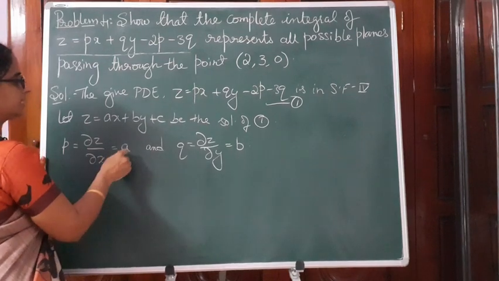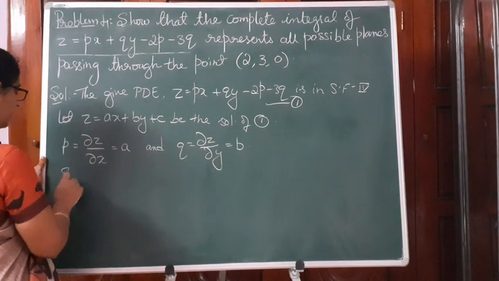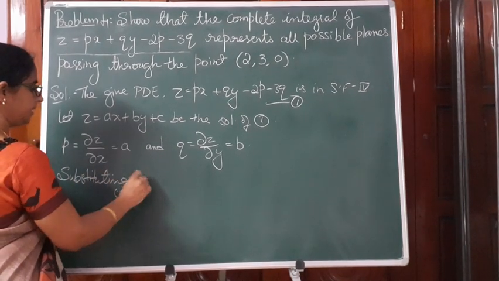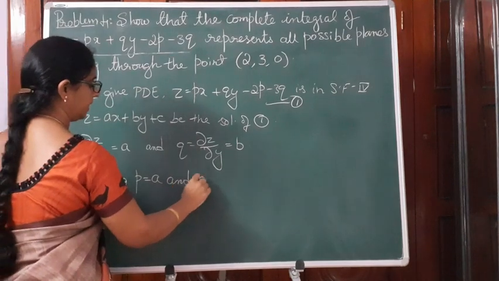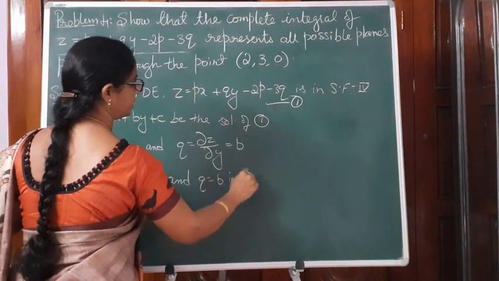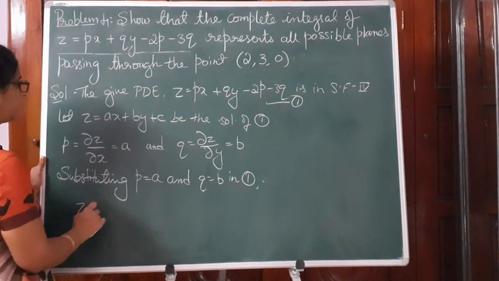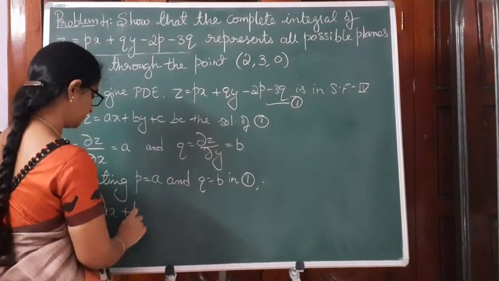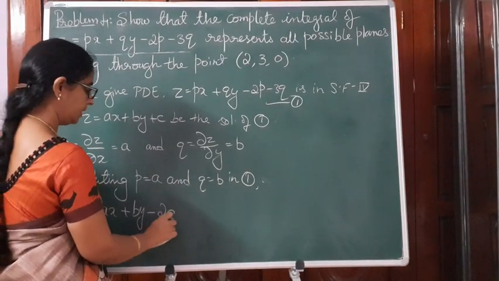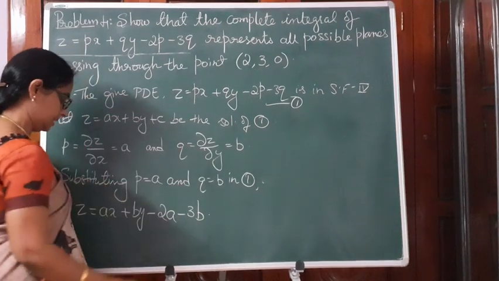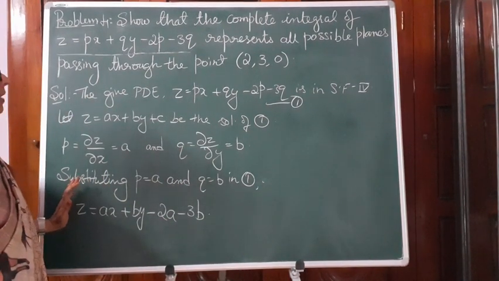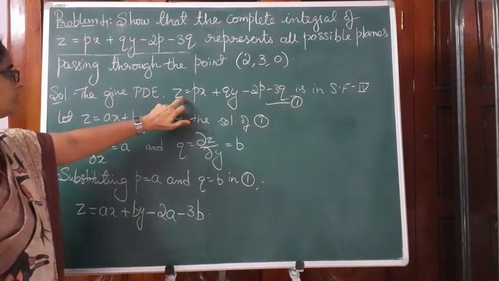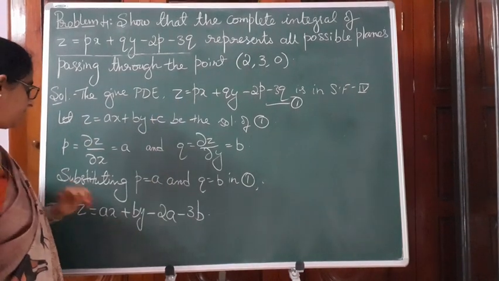Now substituting p is equal to a and q is equal to b in equation 1, we get z is equal to px, that is ax, plus qy, that is by, minus 2a minus 3b. This represents the planes which are the solutions of the given partial differential equation.